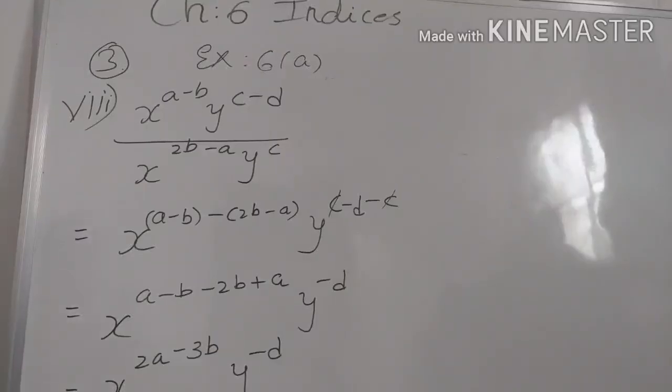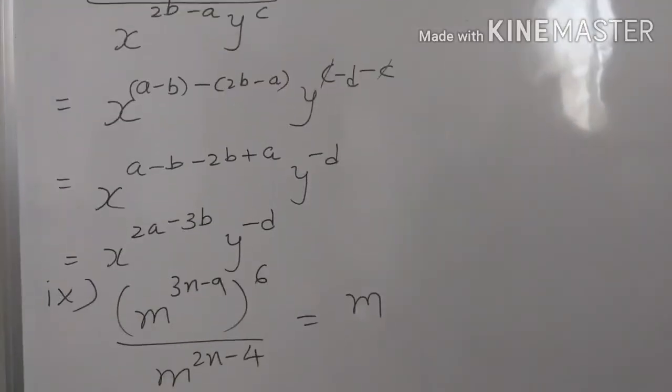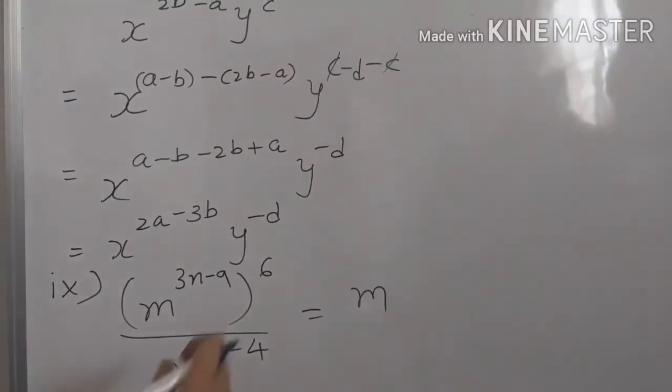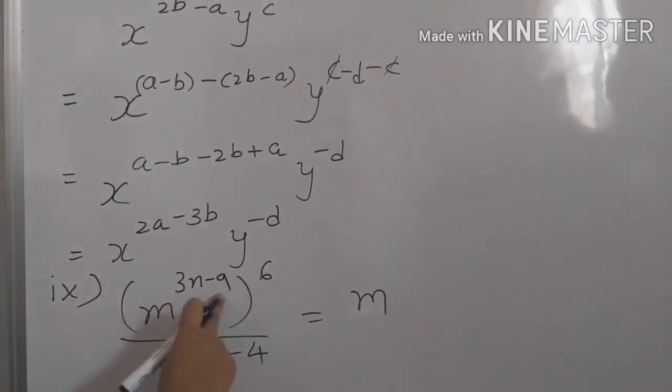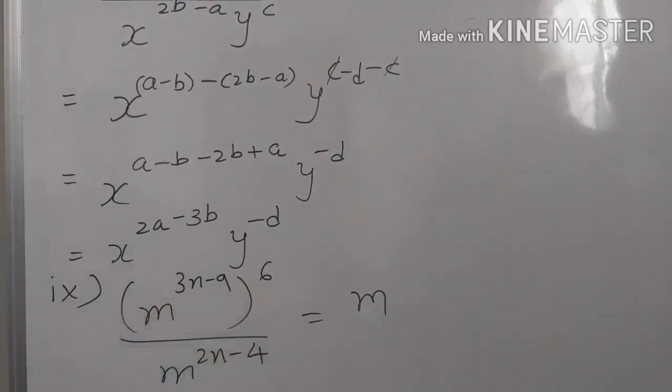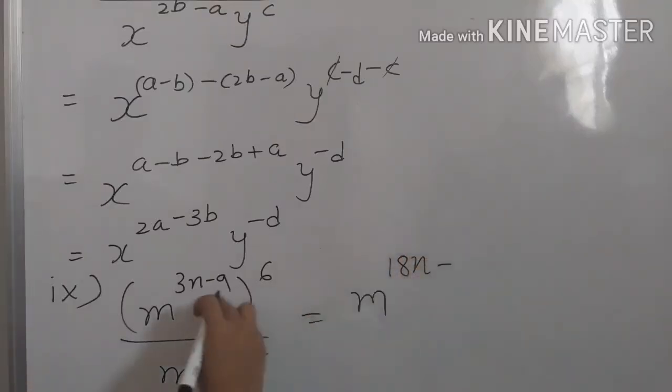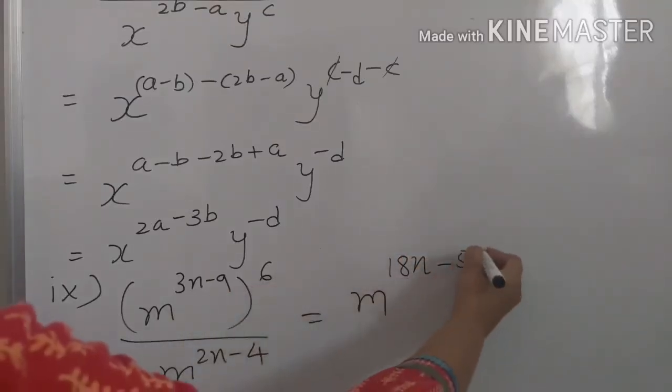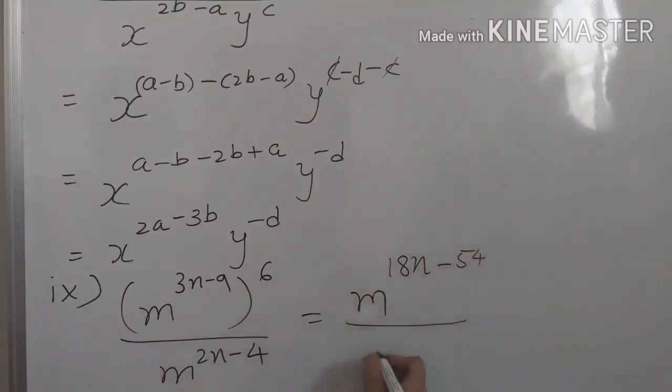Now let us move on to this question number 9, which I was solving here. So here what I told, that 6 we will multiply with 3n minus 9. So here 6 3s are 18n, minus 9 6s are 54, divided by m raised to 2n minus 4 as it is. Now we will use the division law.